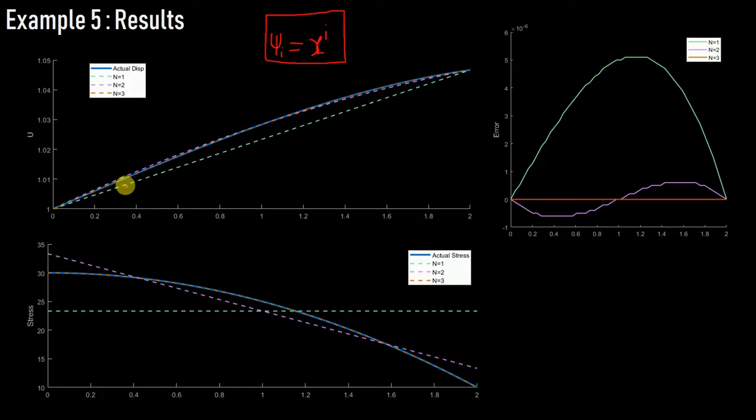So this blue line that you are seeing here is the actual displacement solution, and these dotted ones are the approximate solutions that we get with n equals 1, n equals 2, and n equals 3. Okay, and this is our actual stress plot, which is nothing but E times u dash. So in some sense it is just the derivative of the u.